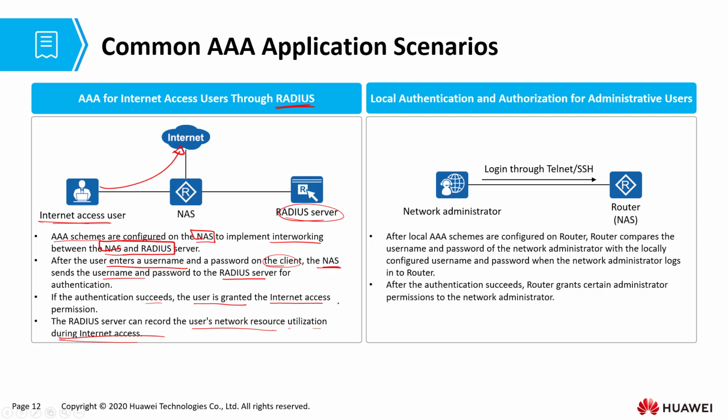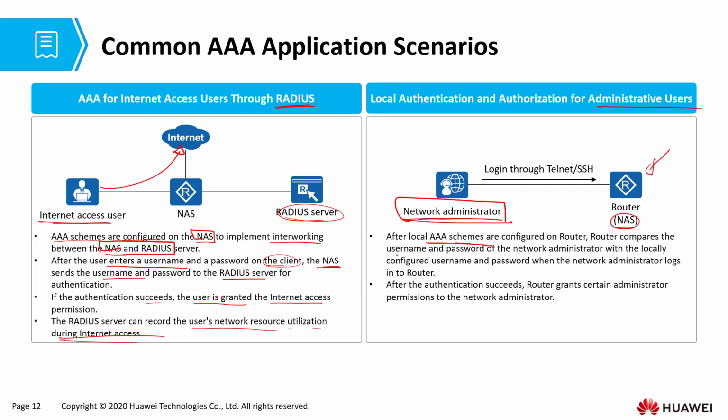Another typical example is when you, the administrator, are logging into the network access server for management purposes through Telnet or SSH. That is local authentication and authorization for administrative users. In this case, we would have local AAA schemes configured on the router or switch.